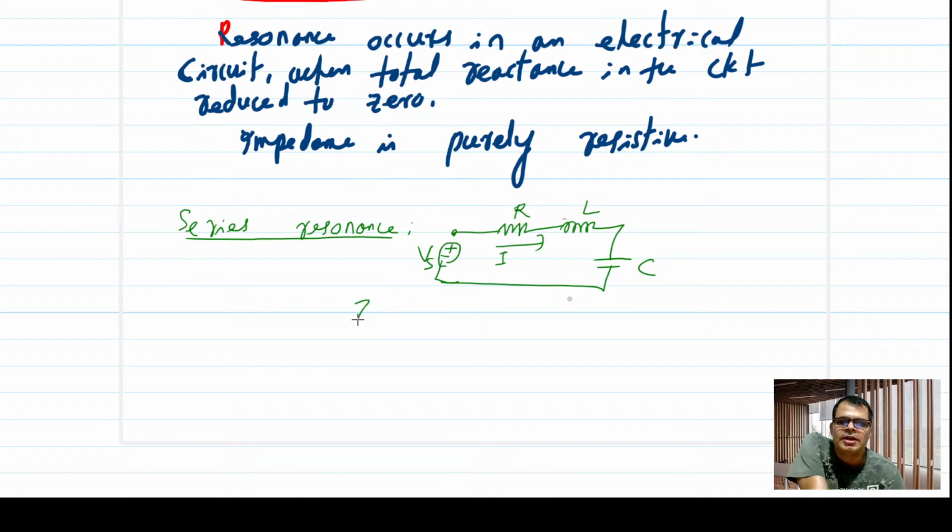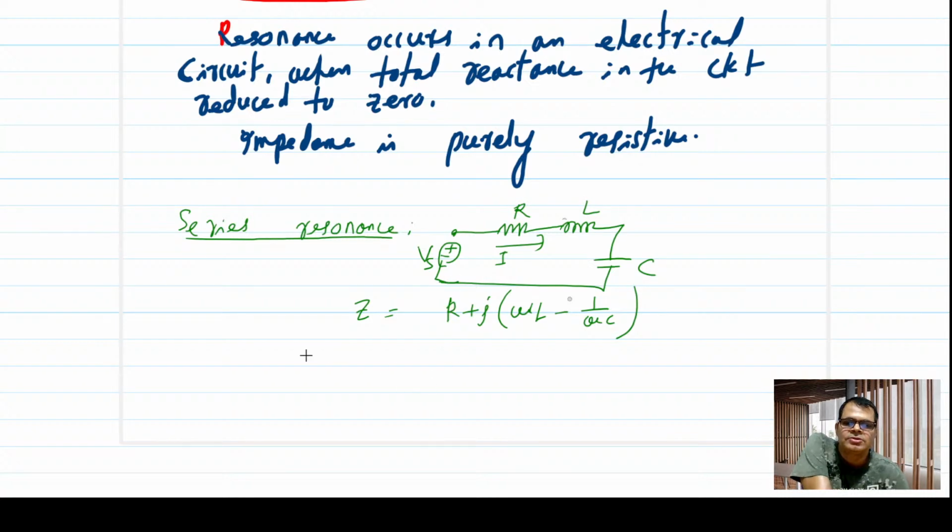You know the impedance offered is R plus j omega L minus 1 upon omega C. I have told you that at resonance the total reactance offered to the source is 0.